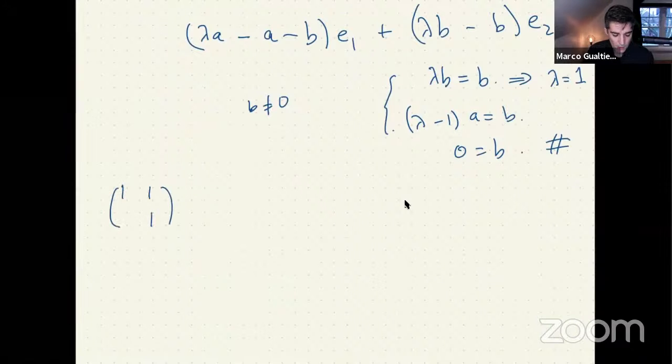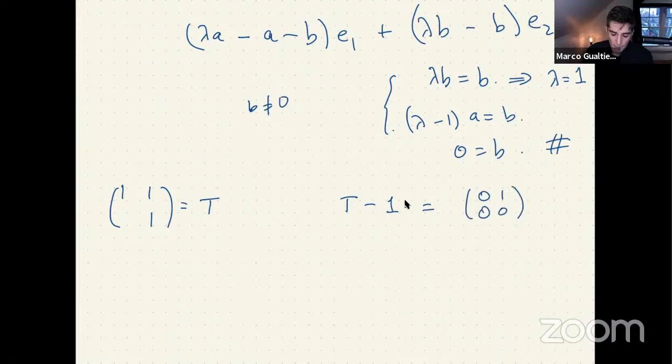If I have this matrix, then the minimal polynomial is what? It's T minus the identity. That doesn't kill it, so this is equal to 0, 1, 0, 0. But this one is nilpotent. Those wonderful people who have the potential to be 0 if you just square them, right?